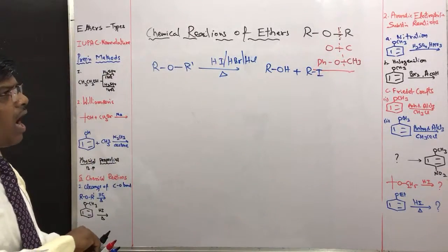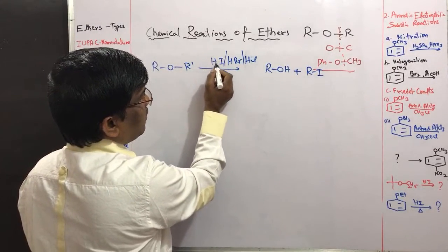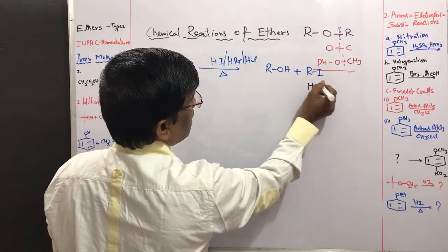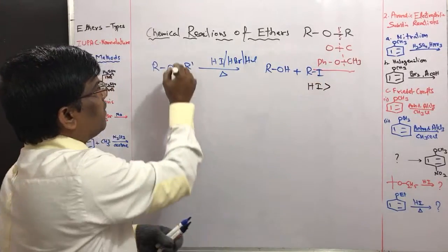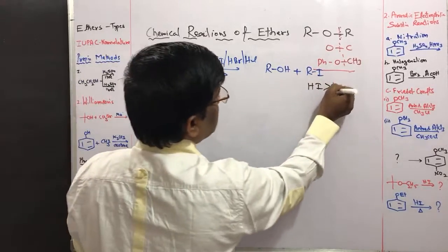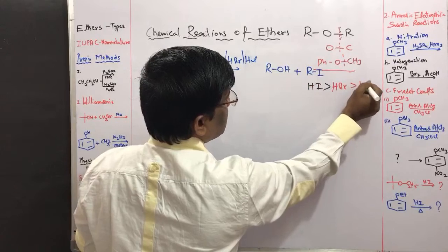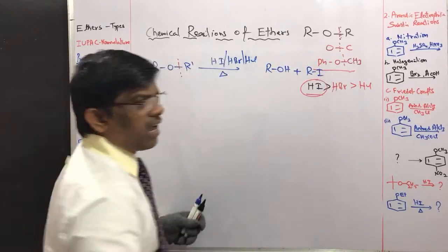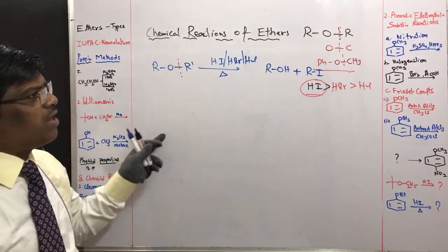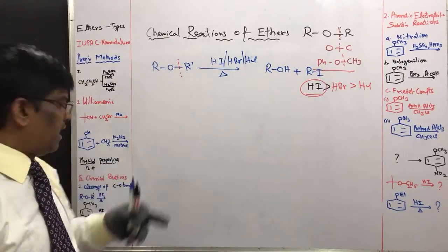If I use iodide, the de-etherification capacity of HI is very high, means it easily cleaves this bond, whereas HBr is better than HCl. However, the usual method is using hydroiodic acid HI. At high temperatures, it is going to cleave the ethers, right?